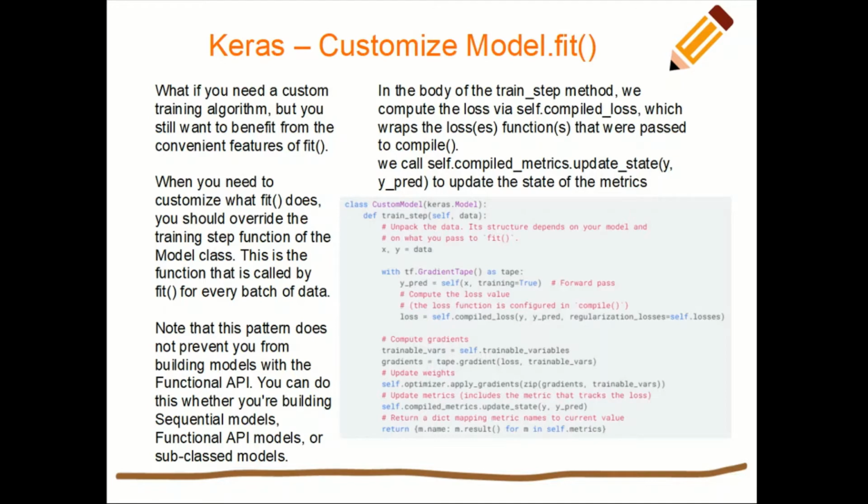In that case, following its policy of allowing us to modify things in simple steps, Keras allows us to override the train_step function. This is the function which is called by the .fit method for every batch of data. If we override this particular function, we can make changes to the .fit method.